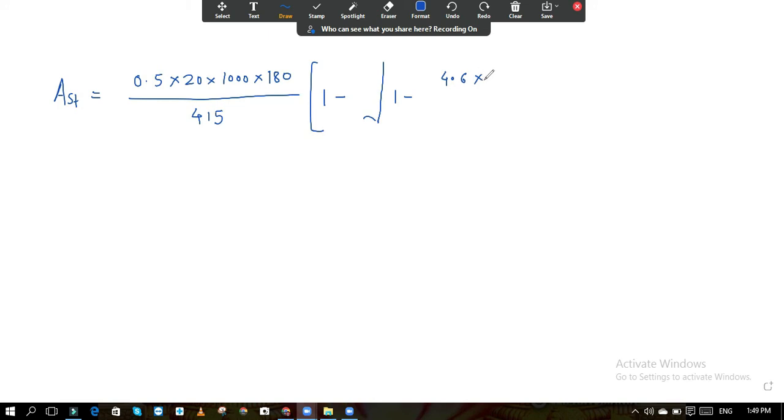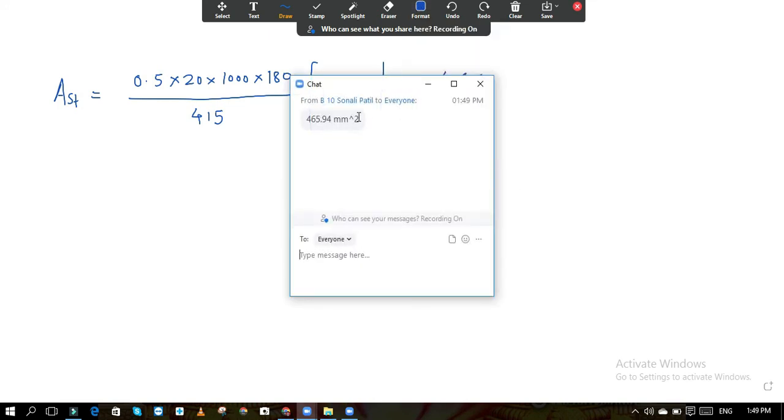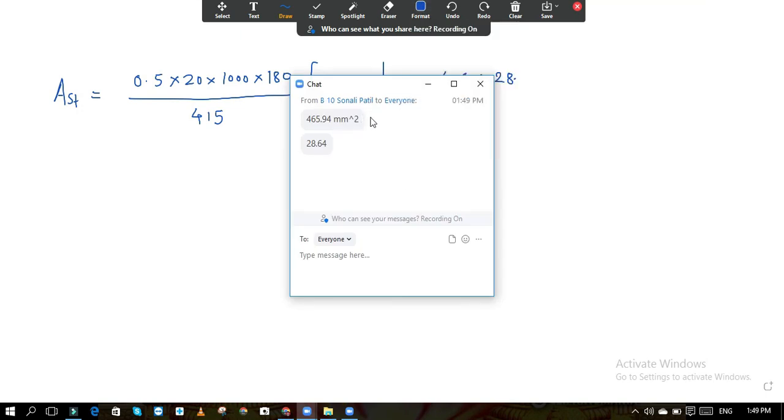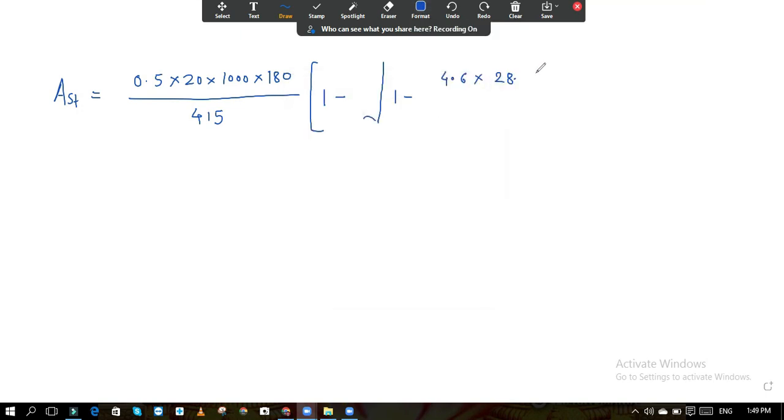What was the bending moment we have calculated? 28.64 into 10 raised to 6 whole divided by FCK B D square.